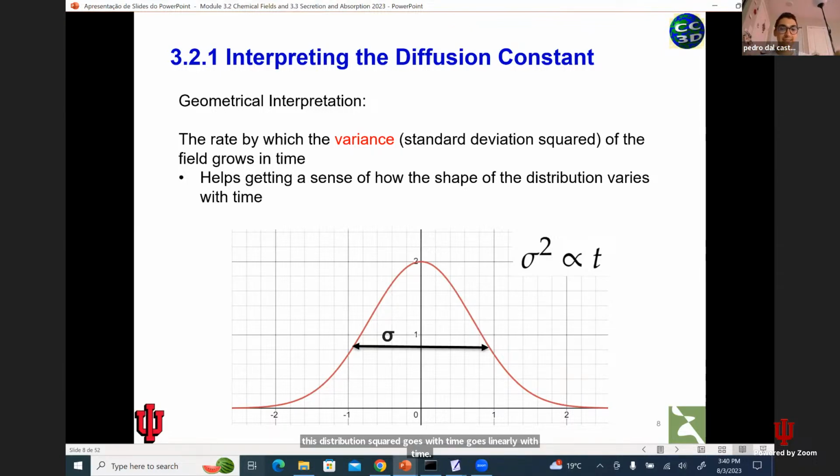So the variance goes with time, or you can think, for example, that the size of the distribution grows with the square root of time, okay? So this geometrical interpretation can help you understand the behavior of the distribution of a field over time.